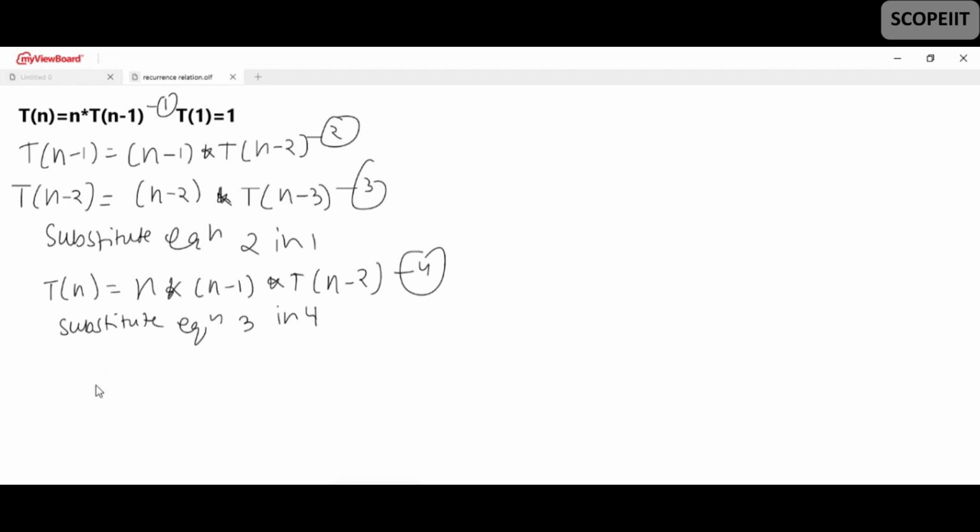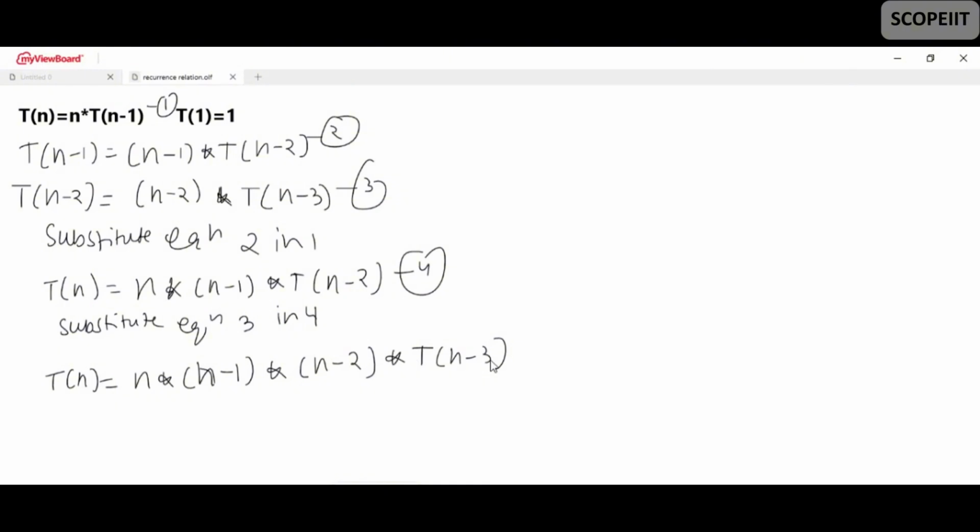So here T of n is equal to n into n minus 1 into, now what you have here, n minus 2. T of n minus 2 is replaced with this one. So it will become T of n minus 2 into T of n minus 3.